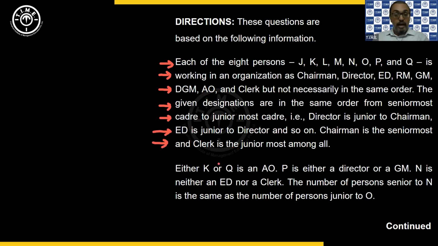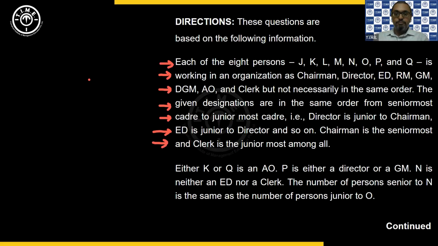Okay. So that information tells us that we need to fix the designations. So we'll start and we'll fix the designations first. So we have chairman. Then we have director, ED, RM, GM.